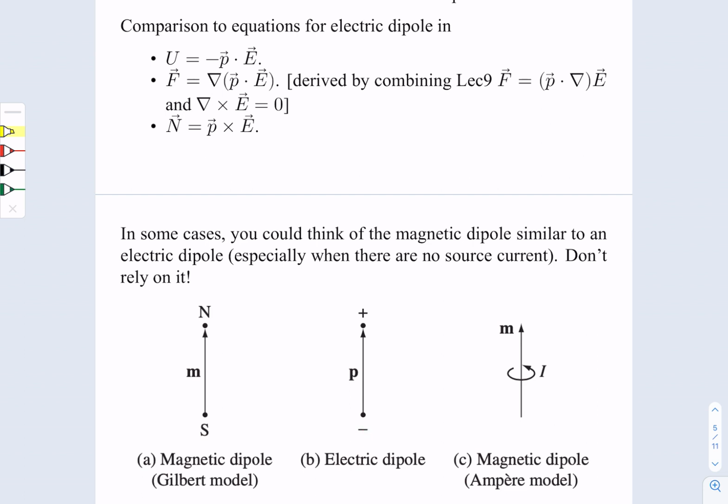So this model can give you some of these magnetostatics correctly, but not all of them, because apparently there are no magnetic monopoles. So you might get something incorrect if you use this simple magnetic dipole model.